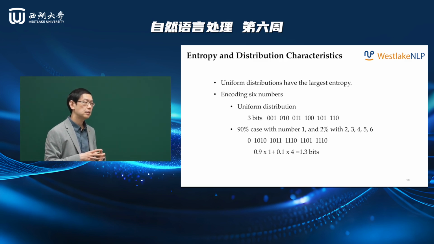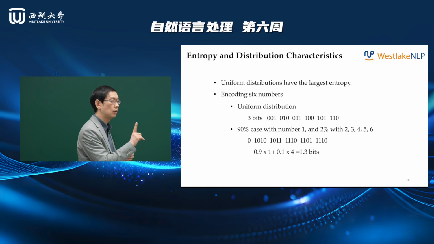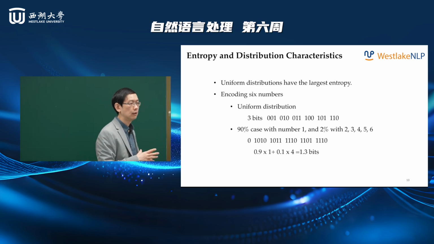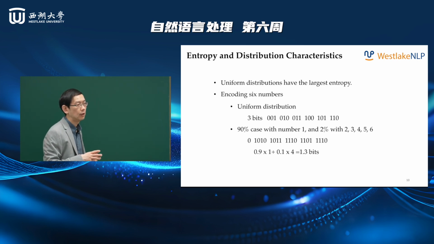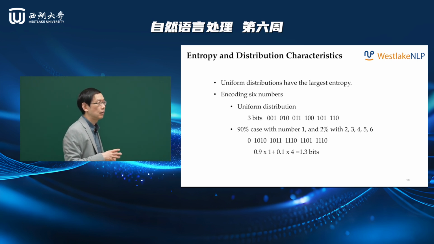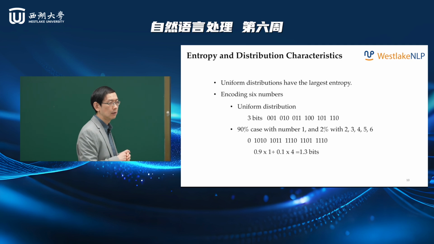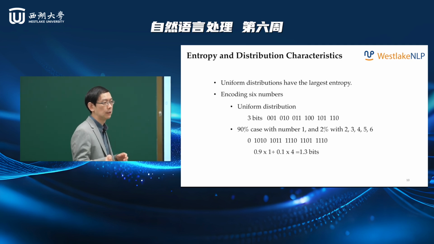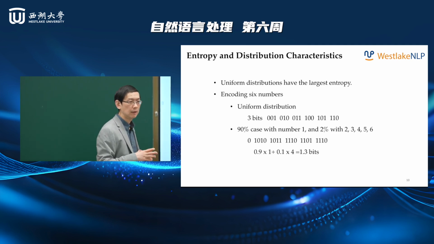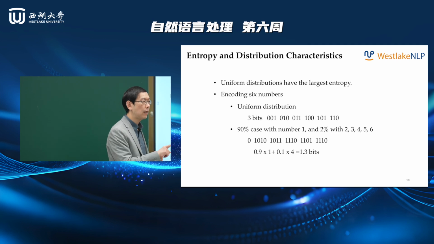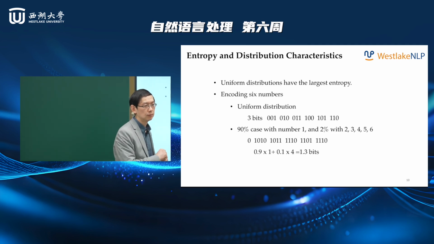Why? Because I can just take 1 bit to encode 1. So maybe I use 0 to encode 1. And then I add a 1 before the encoding of 2 to 6. 2 was originally 010, now you use 1010 to encode 2.